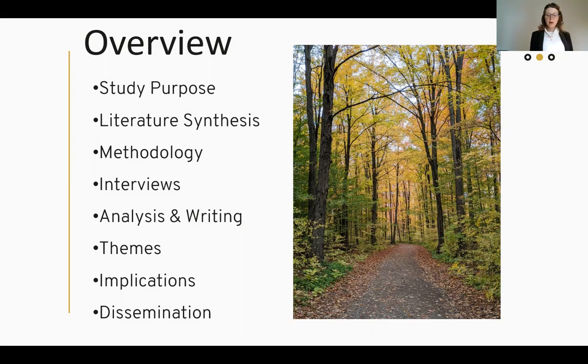Just as each forest path is slightly different, so does the unique journey of each research study look. Choices in topic, method, and approach may create variations. So no matter what method or approach you choose, I hope today's presentation provides you a clear overview of what you might expect in a more general sense from a qualitative research study.